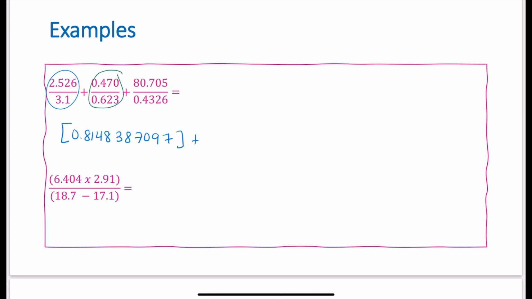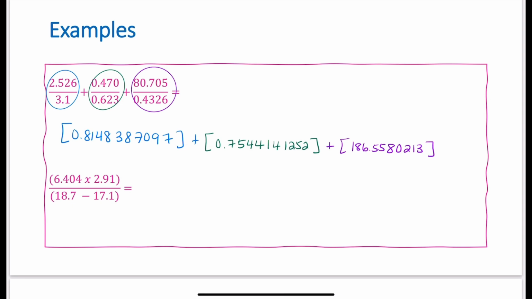When I do this calculation here, I get a calculated answer of 0.7544141252. And when I do the calculation here, I get 186.5580213. Very rarely will you ever need to write out all these numbers, but I'm just trying to emphasize to you that your calculators do not care about sig figs. You guys are the ones that have to care.